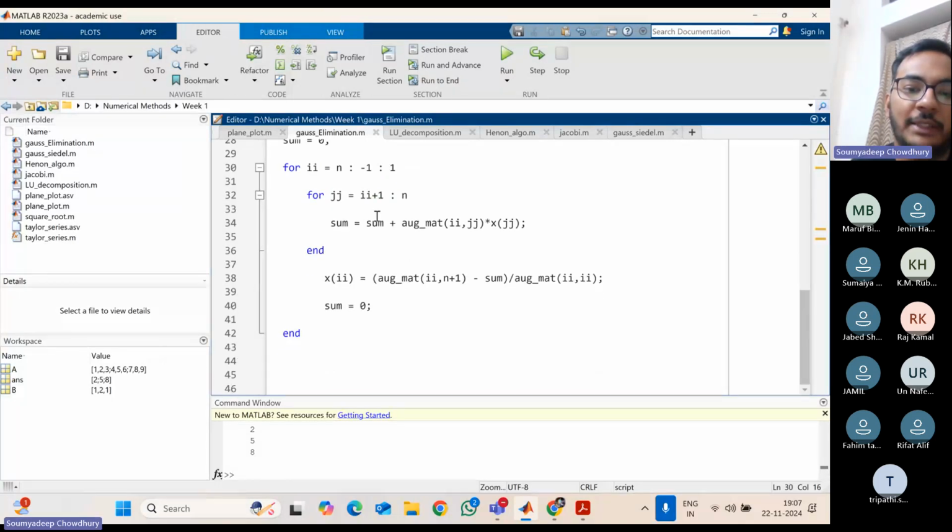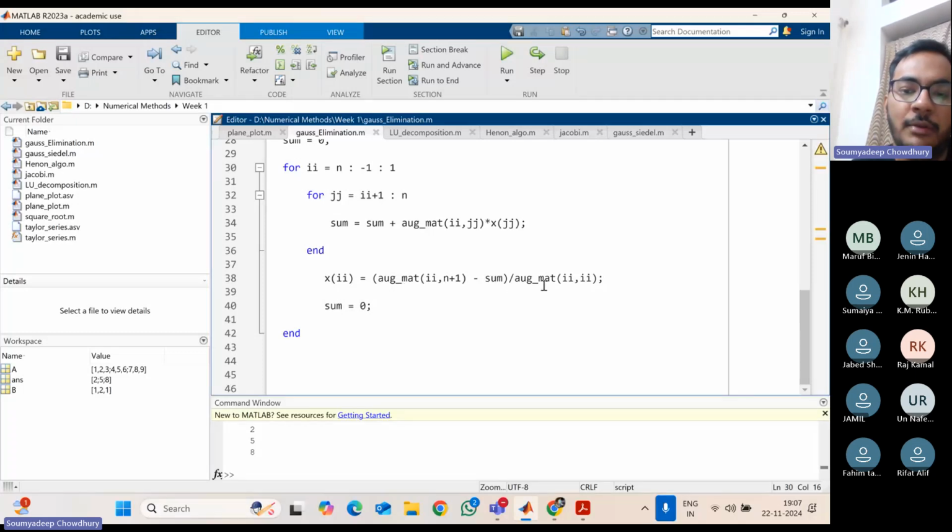If you find the sum like this, then you find out x of i, which is augment of i comma n plus 1 minus sum, by augment of i comma i. That is the pivot element. And after finding out every value of x, that is x, y, and z, we initialize the sum to 0, because in the next step we have to re-evaluate the sum at every step.